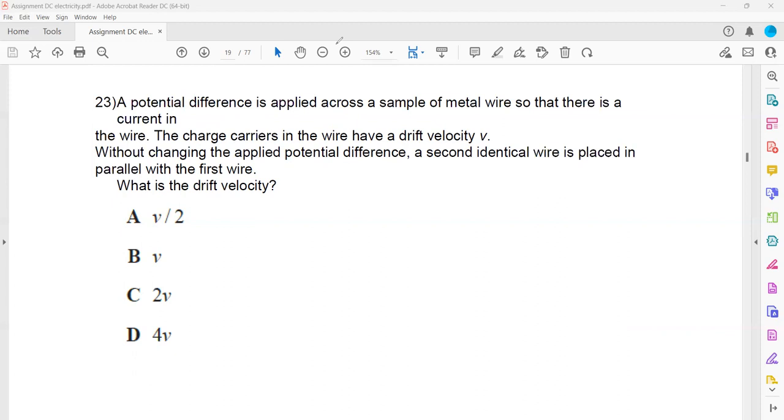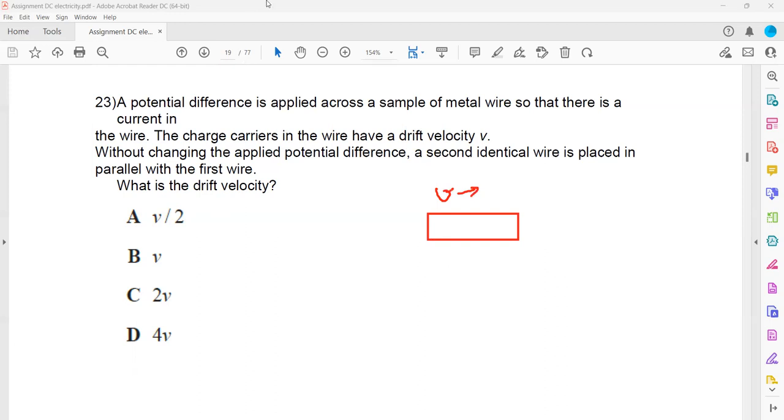Like what we did, there was a fixed resistor, like a metal wire, in which the drift speed is v.